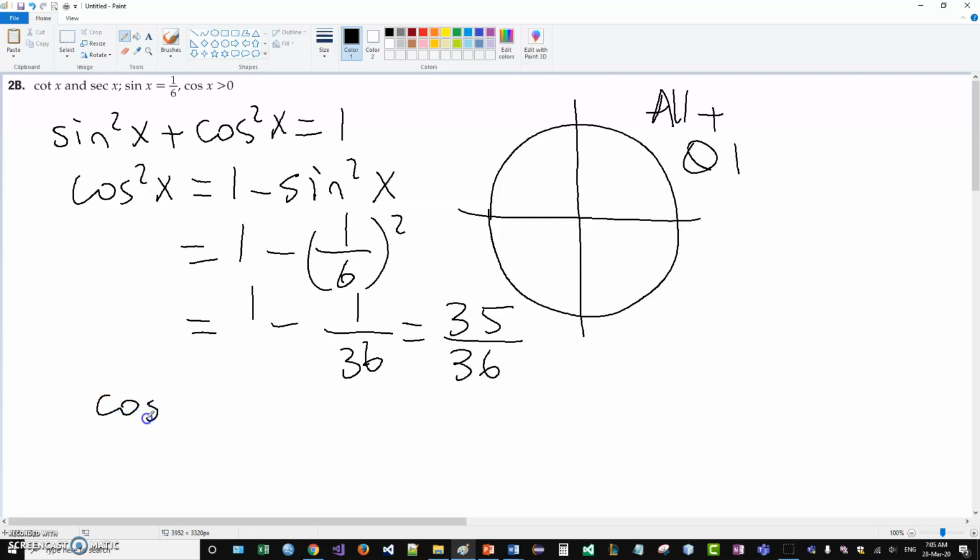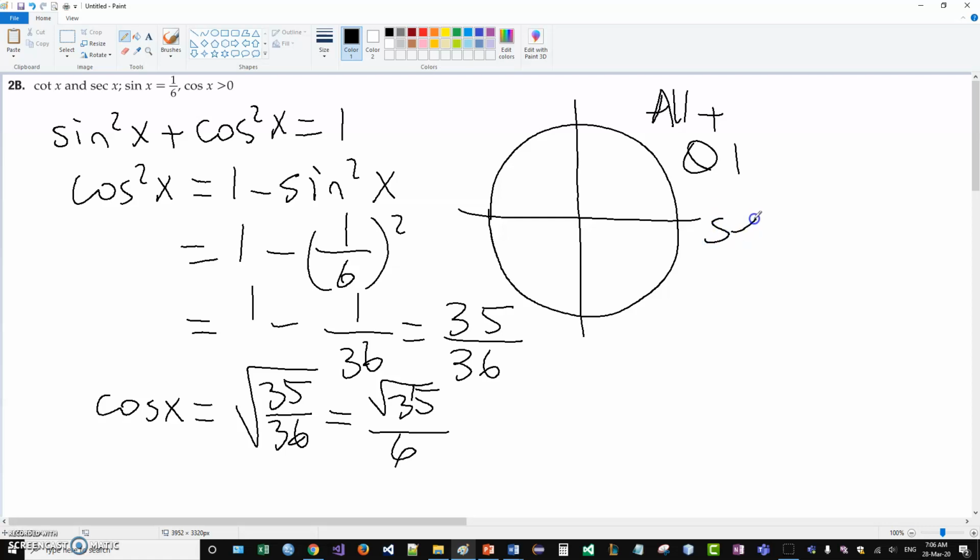So cosine x, because it's positive, is the square root of that. The square root of 35 over 36 equals square root of 35 over 6. So we found cosine x. Using that, we can find secant x.